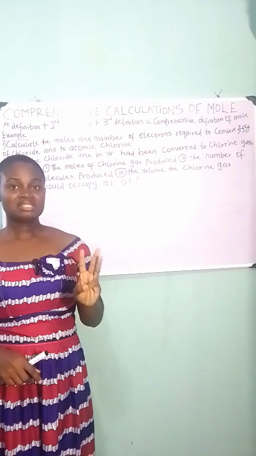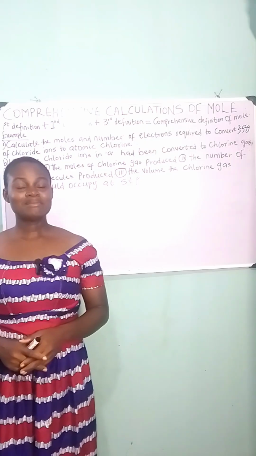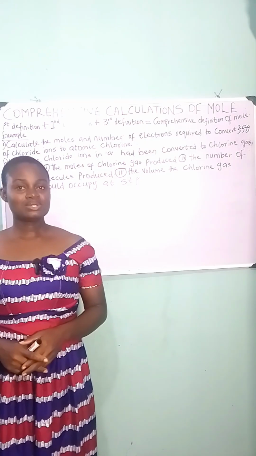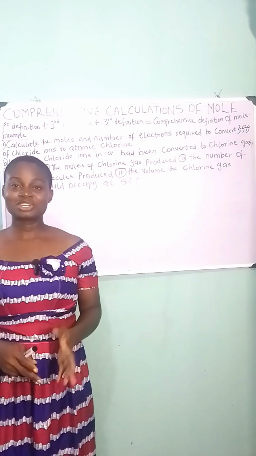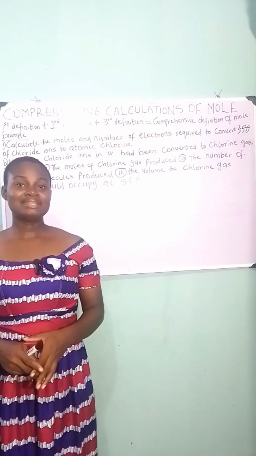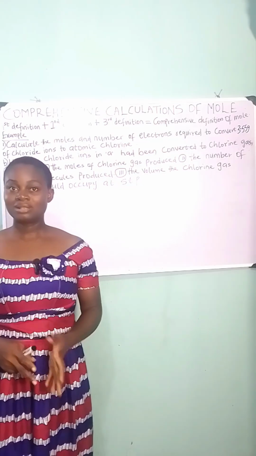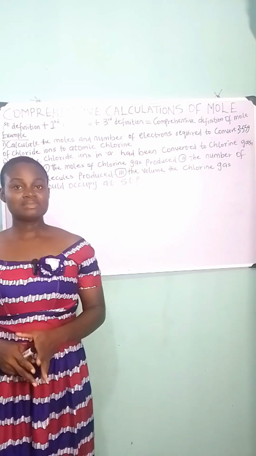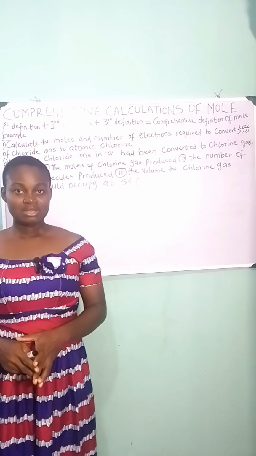Owing to these three definitions, comprehensively, a mole can be defined as that amount of a substance which contains 6.023 exponent 23 particles of such content and would weigh an exact weight as its gram atomic or molecular mass and occupies a volume of 22.4 dm³ at STP.